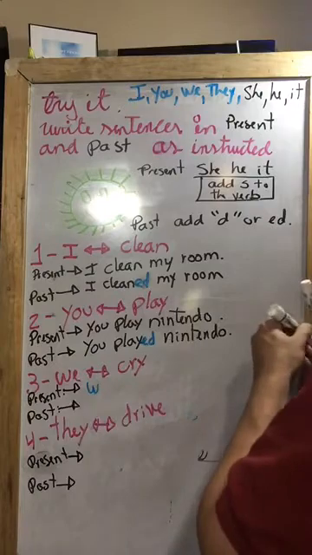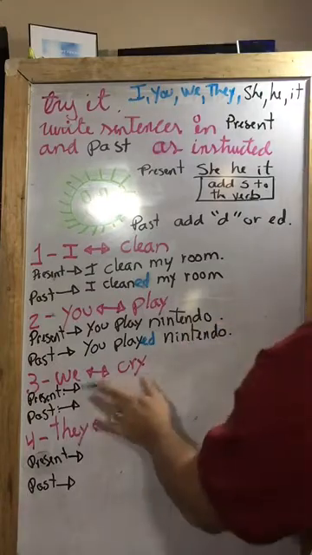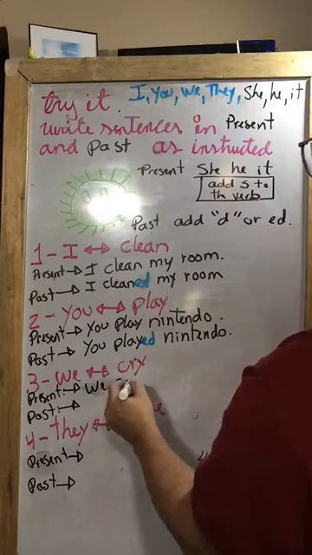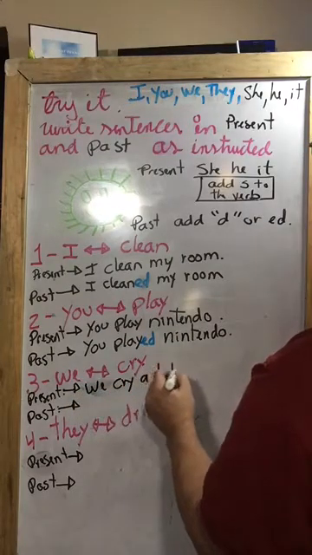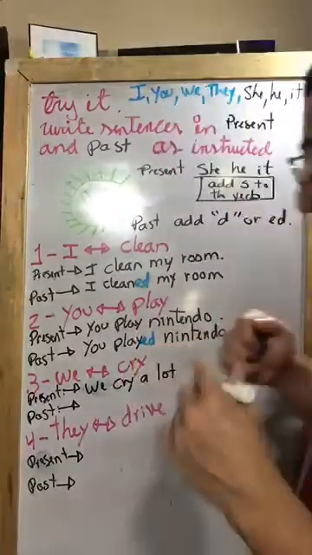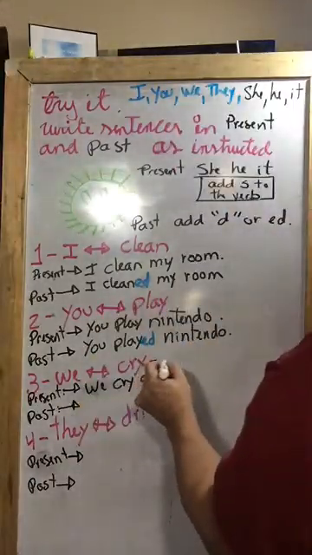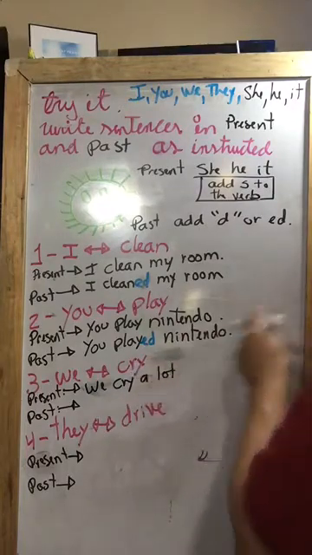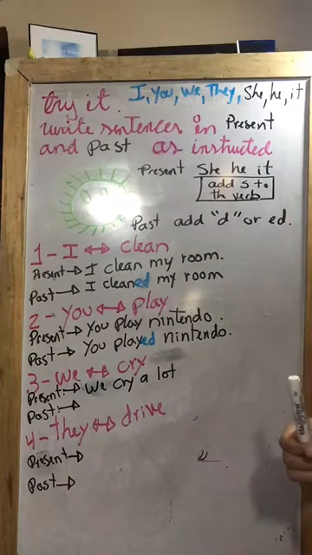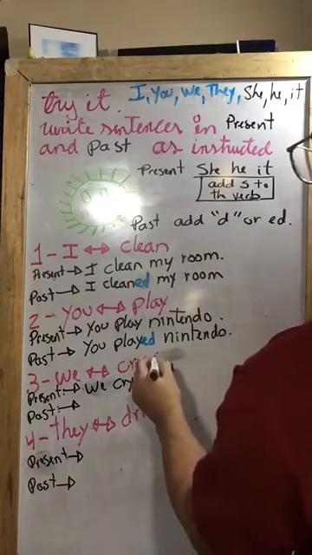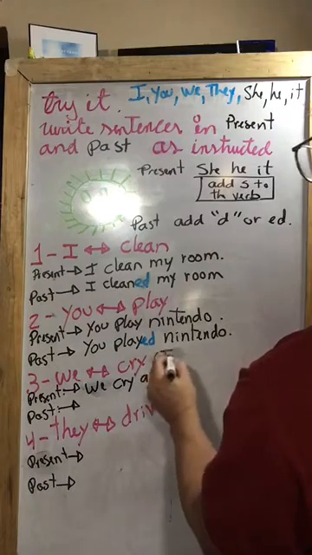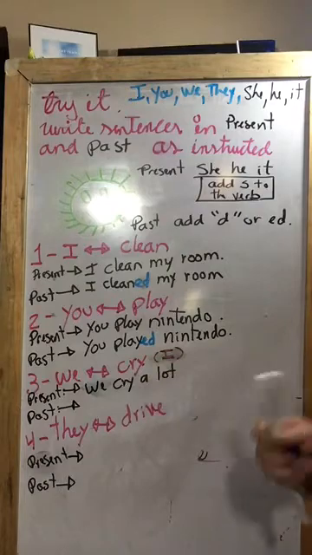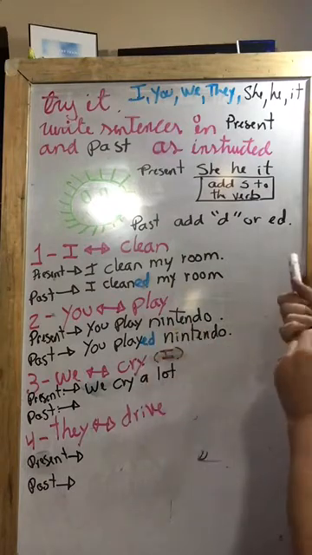Okay, then we have present. We cry a lot. And in this case, this one is irregular, so I'm gonna write a big I in there that tells you that this is irregular. So what does that mean? That means that when you take this into past, it's not gonna look the same.